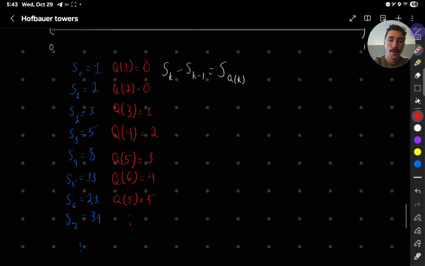They're just increments. So in fact, we have q(k) is the maximum of 0 and k minus 2. In this case, this only happens for this particular map, and a few others that are entropy equivalent to it.